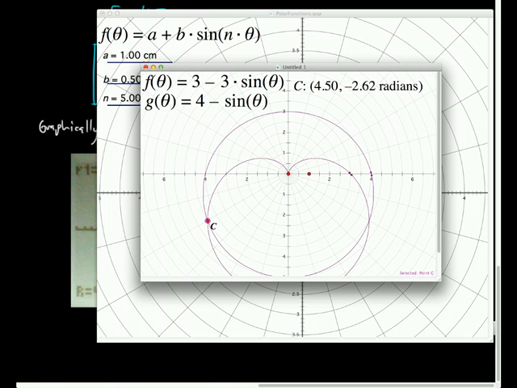And let me throw another point in here on my second curve, the cardioid, and measure coordinates. So there's point D, and let me drag this point, and we'll see that in fact they do line up right at 4.5. Bam. So those are in agreement.